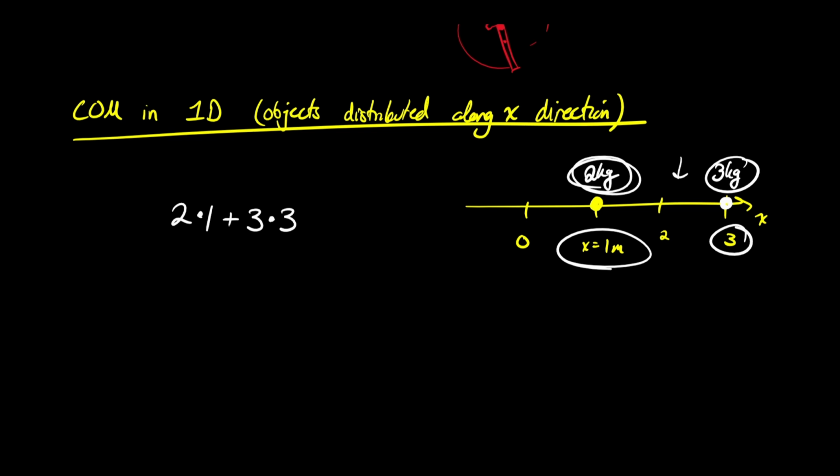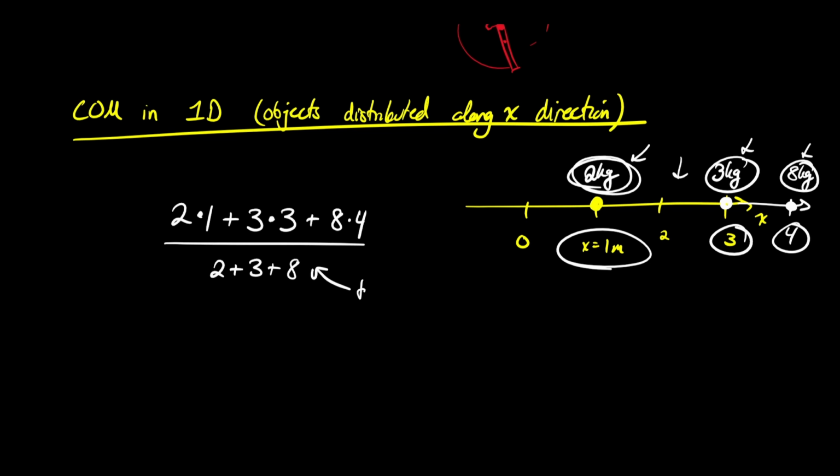And if there were a third mass, let's say, for the sake of this example, out at 4 there was an 8 kilogram mass, you would continue adding on the mass of the object times the location of the object along the x-axis. So again, the mass times its location. And then at the very end, you're going to divide by the total mass, so the 2 plus 3 plus 8.